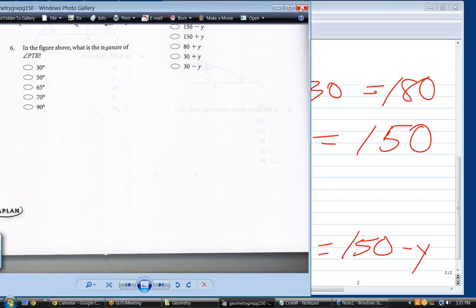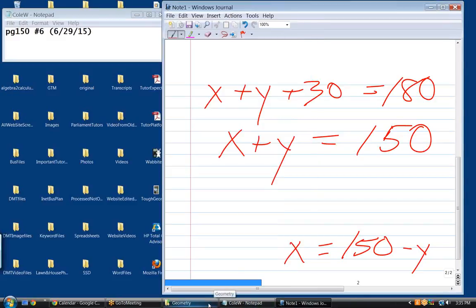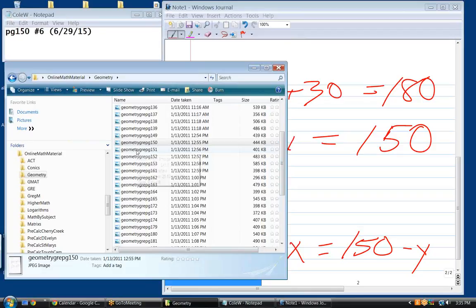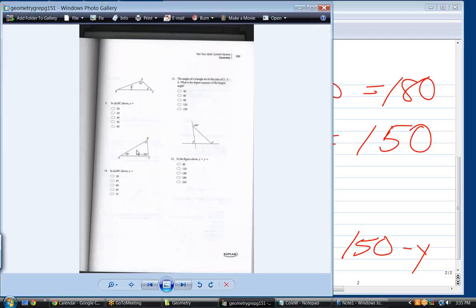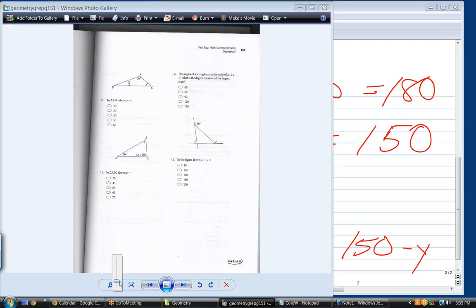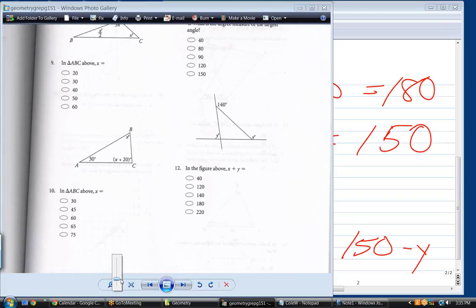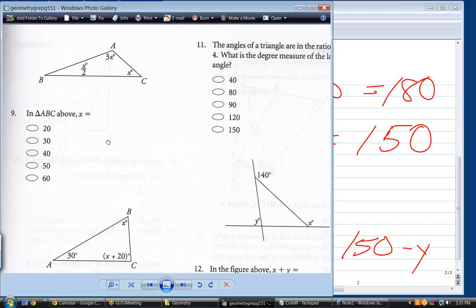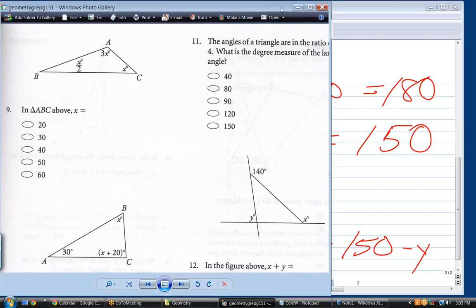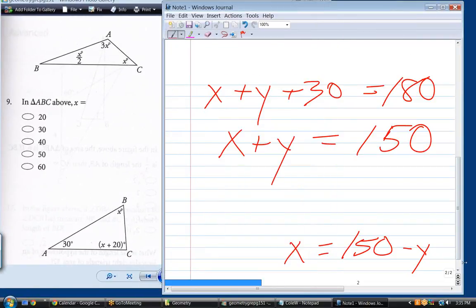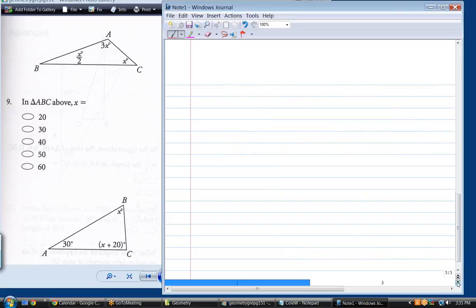Okay, let's go to another page. No, we're still on whatever level this is. I don't know if this is basic or intermediate. Okay, what equation can you write here? 4.5x equals 180.